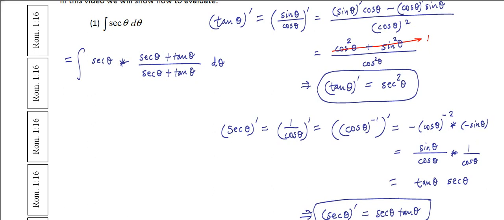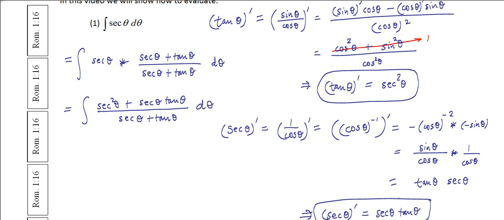If I distribute this, I get the integral of, on the top, secant squared theta plus secant theta tangent theta. Well, that looks familiar. We did that down here. Divided by secant of theta plus tangent of theta, d theta.